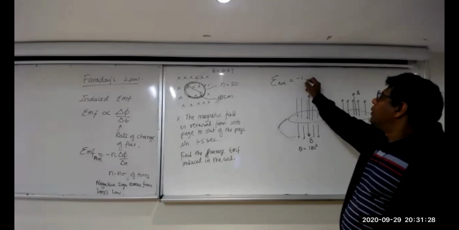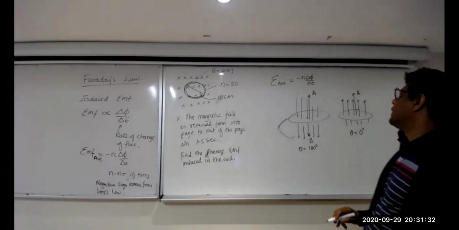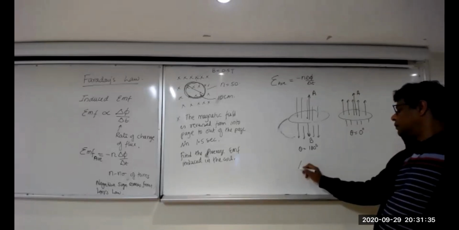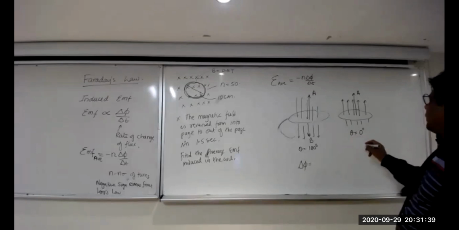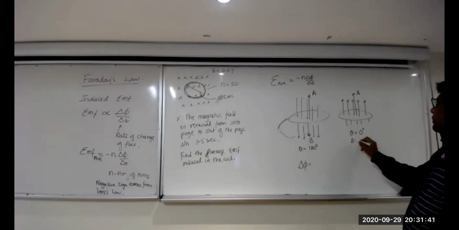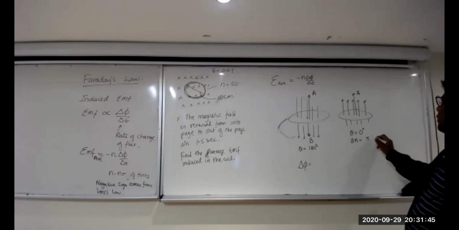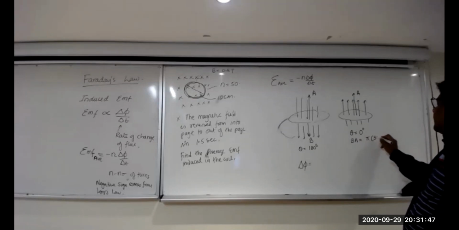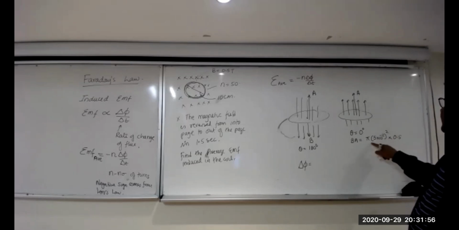So we need to find the final flux minus initial flux. The final flux, I would say B times A, that is pi times the radius, which was 5 centimeters, converted into meters, pi r squared. This is the area, pi r squared.